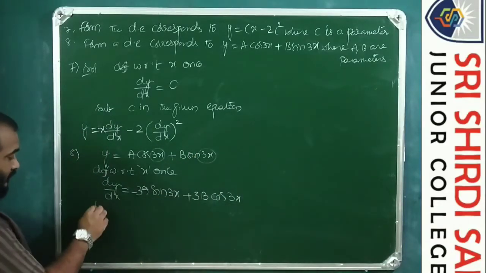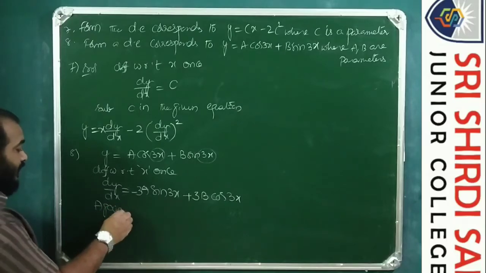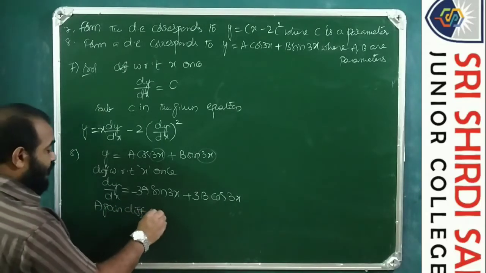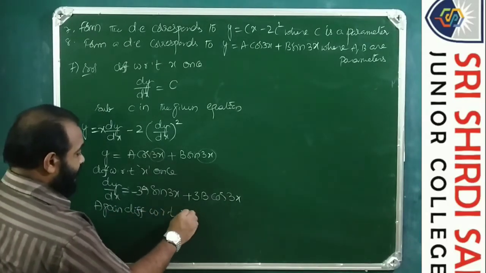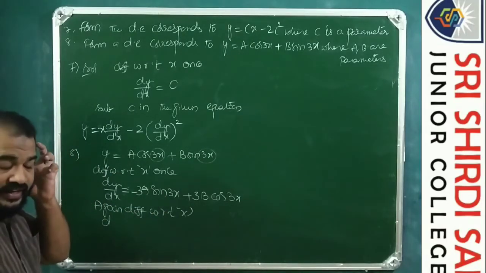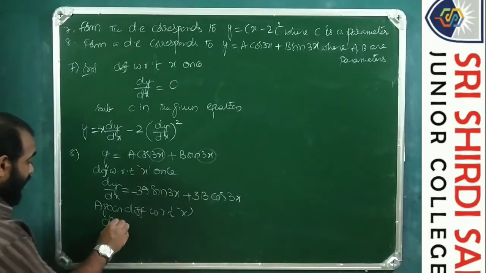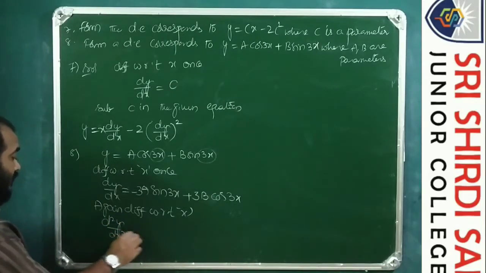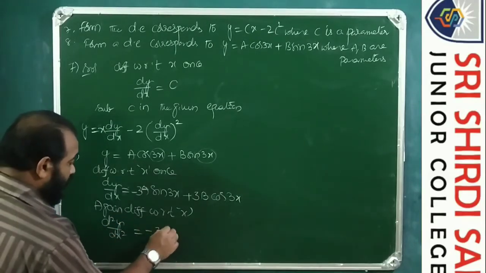So again differentiating with respect to x, we get the second derivative d²y/dx² equals minus 3a constant.